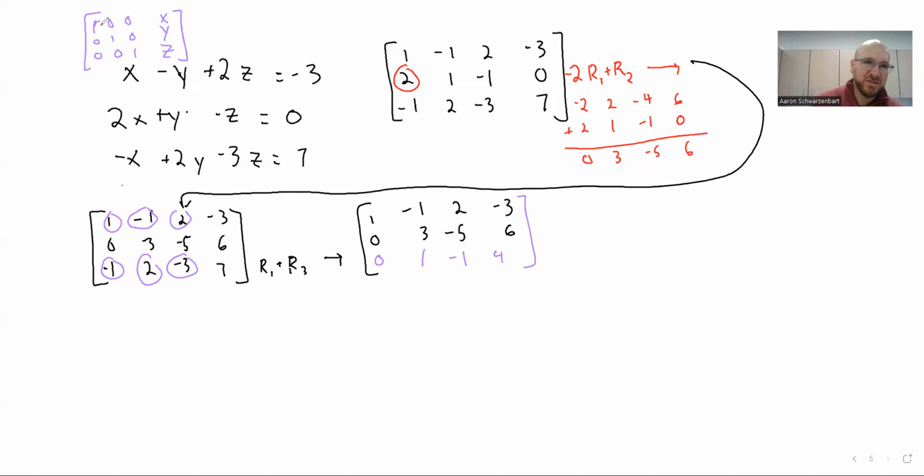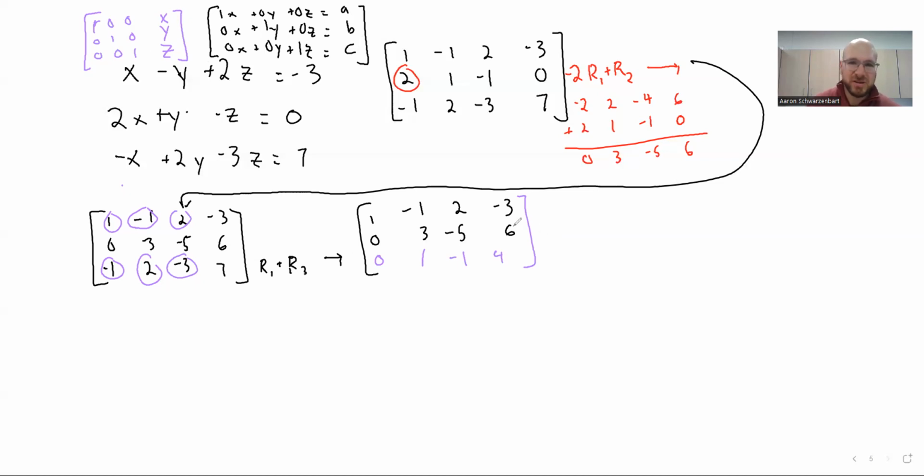Once I get there, because this really represents 1x plus 0y plus 0z equals something. 0x plus 1y plus 0z equals something. 0x plus 0y plus 1z equals something. I called them x, y, and z over here, but maybe I should have called them A, B, and C.